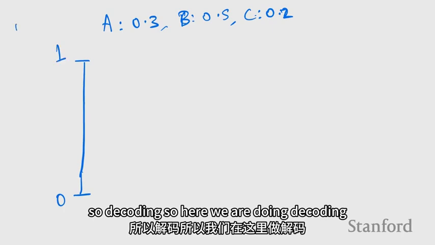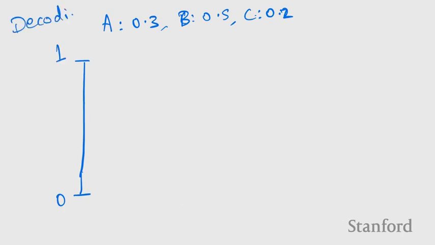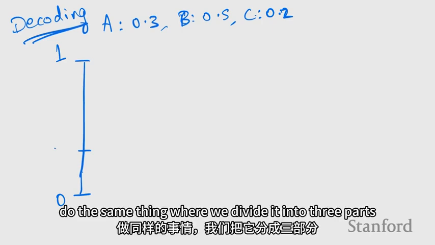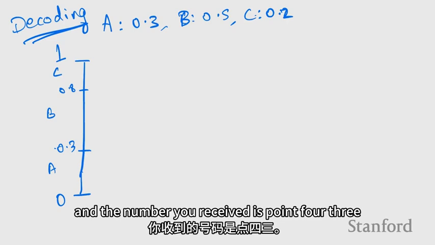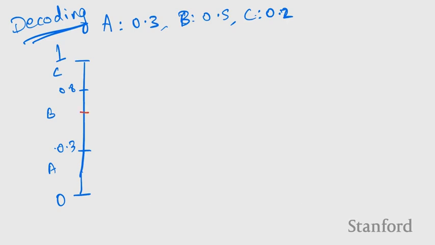So decoding. So here we are doing decoding. So we again do the same thing where we divide it into 3 parts. So this is 0.8 C. And the number you received is 0.43.